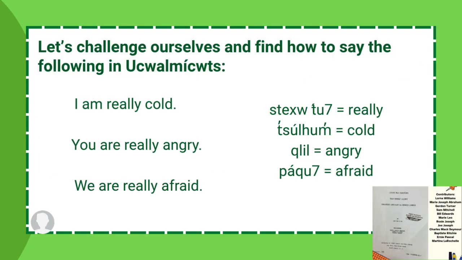All right, so let's challenge ourselves to apply this new term into the following and translate them into Ucwalmícwts using the word bank on the right column there for stochklo, meaning really, chutlam, meaning cold, glil, angry, and paku, afraid. So to say I am really cold, we would apply the rule on the previous page to say stoch can klo chuthlum.